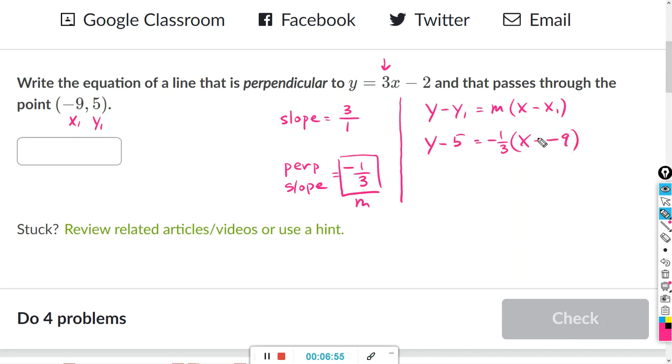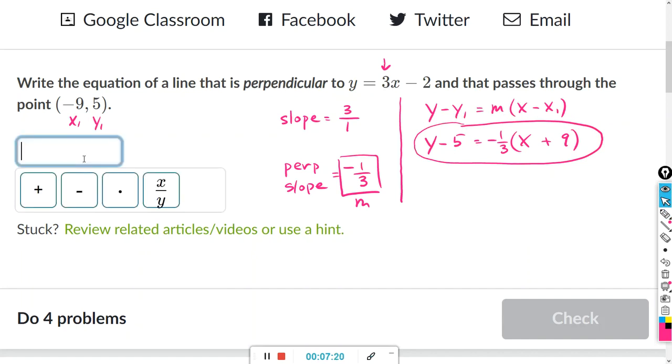Okay, the two negatives make it positive. So really, I don't want to confuse you, but this is just +9 right here. And that's it. So if you have the slope and one point, it's easiest to use point slope form.